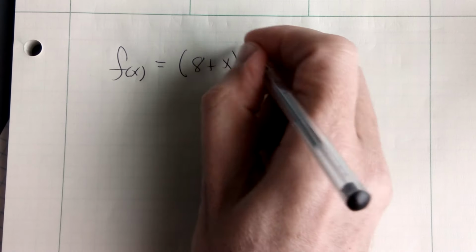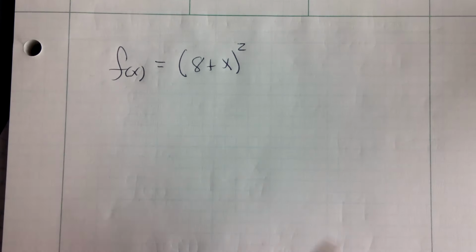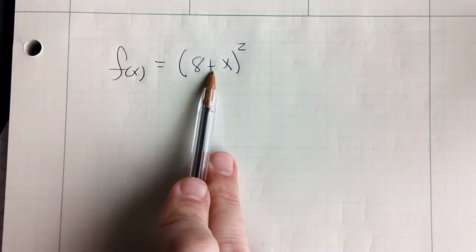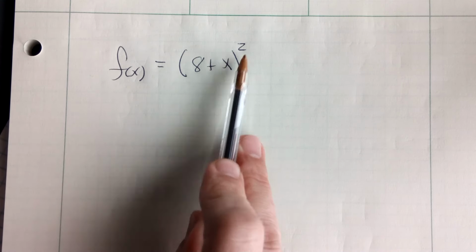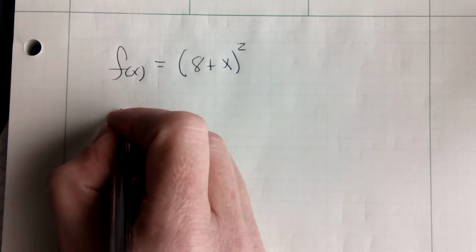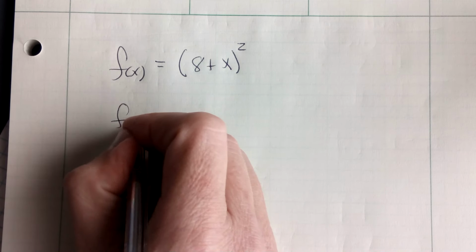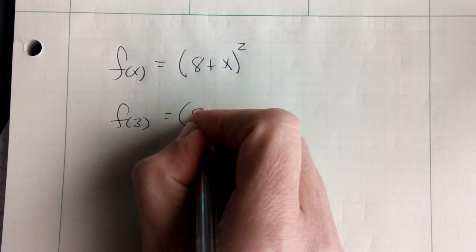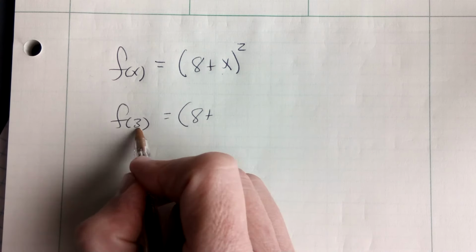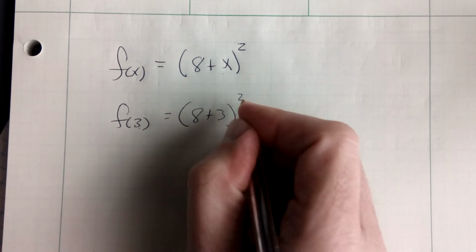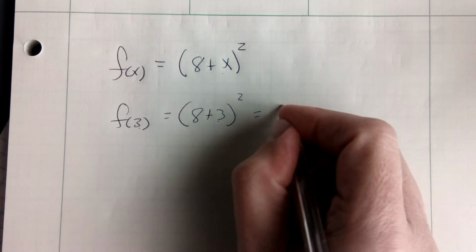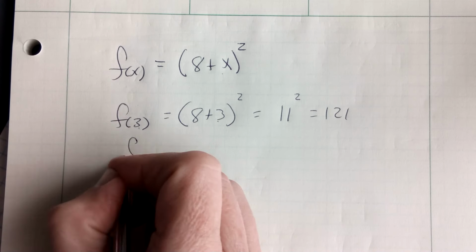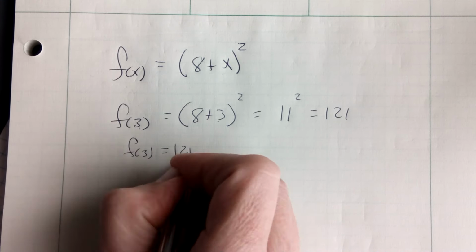You might get f of x equals 8 plus x in parentheses squared, and they'll ask, what is f of 3? Take 8, add our x value, 3, and then square it. 8 plus 3 is 11. What's 11 squared? 121. So f of 3 is 121.